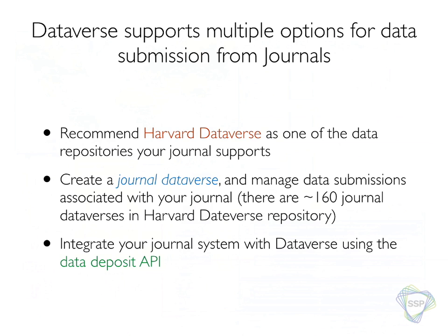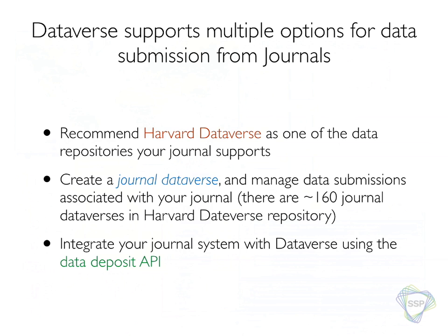We have about 160 journal Dataverses in Harvard Dataverse, and in each one the journal editors can administer and manage the data sets, review what goes in, and decide when it gets published, before or after the article is published.